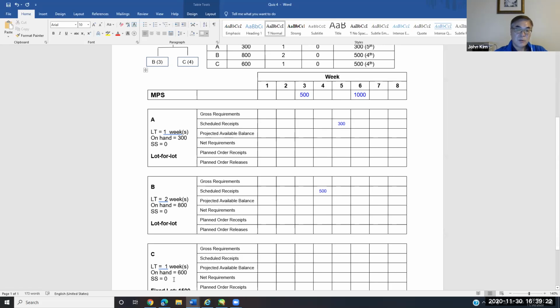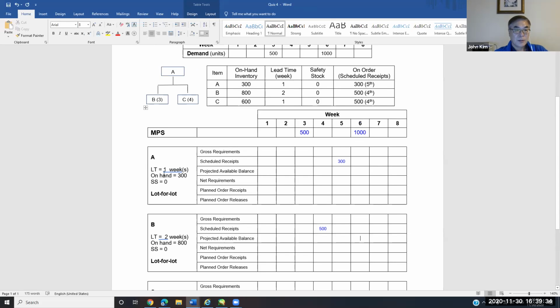Safety stock is 0. Scheduled 500 week 4. And then start from this final product. On hand is 300, so projected available is 300.